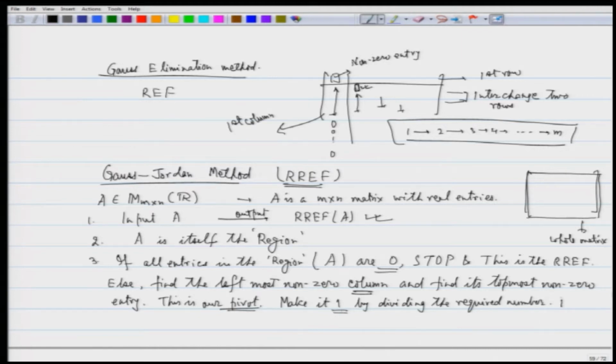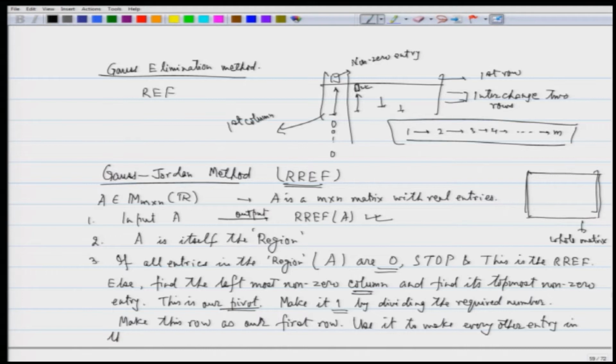Now interchange this row with the first row, so make this row our first row, and use it to make every other entry in that column 0.